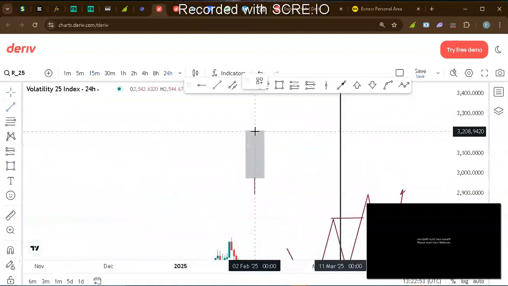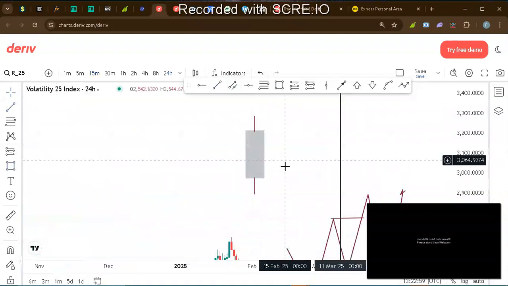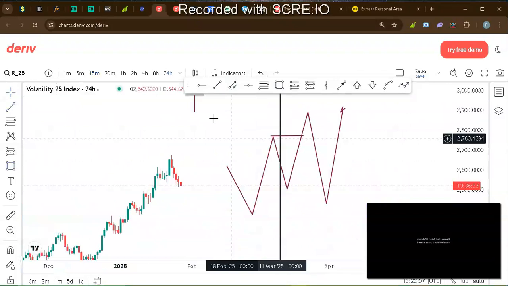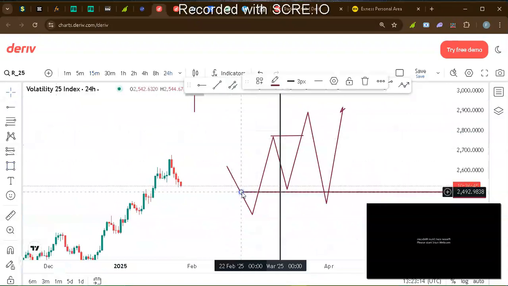Now you know that the market starts from here, which is where the market opened yesterday. You can say yesterday, or you can say the 4 hours, because you can use this strategy in 4 hours, in daily, in any time frame. So in the daily time frame, it opened from here, then the market pulled down and then started pushing all the way up.